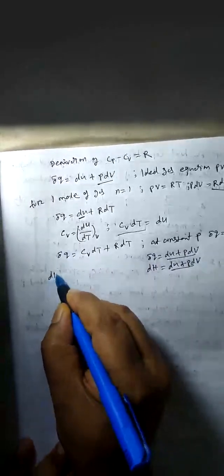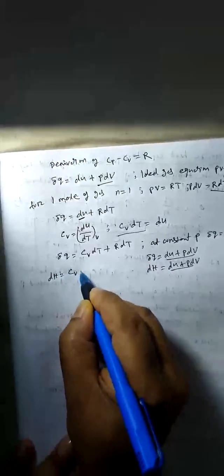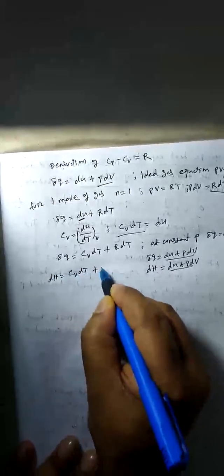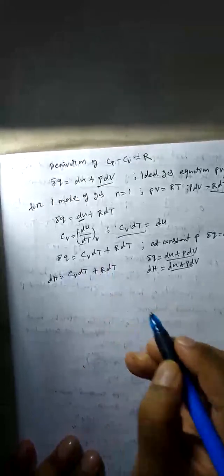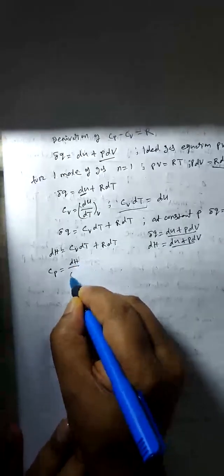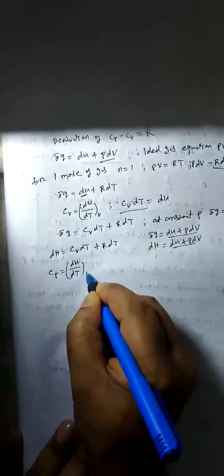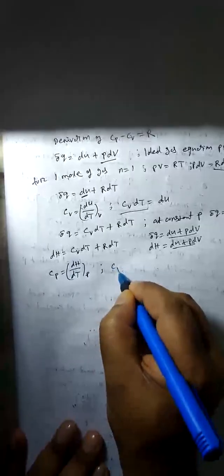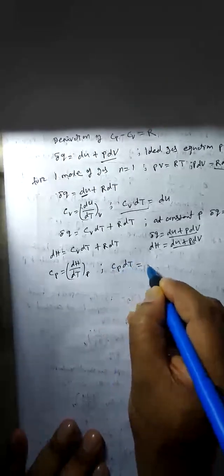So instead of del Q I write dH. dH is equal to Cv dT plus R dT. We know that Cp is equal to dH by dT at constant pressure, so Cp dT is equal to dH. So instead of dH I write Cp dT.